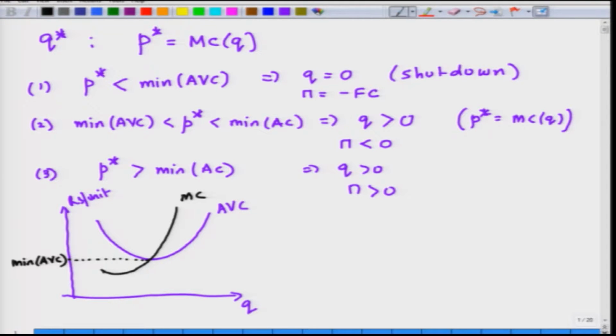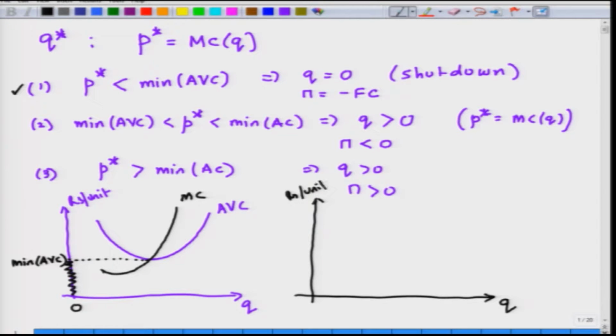So, for any price which is less than the minimum average variable cost, the firm is not interested in producing anything. So, the quantity supplied is going to be 0. So, if I capture this in a graph, let us take quantity here, and rupees per unit on the y axis.